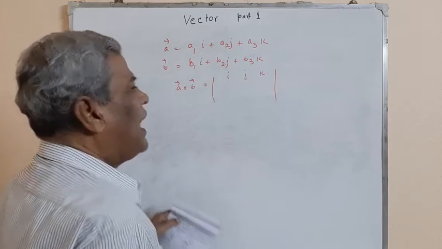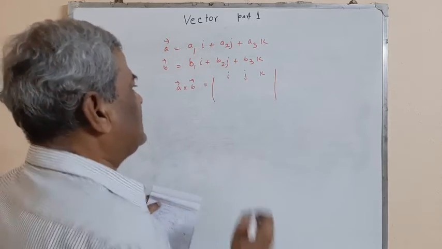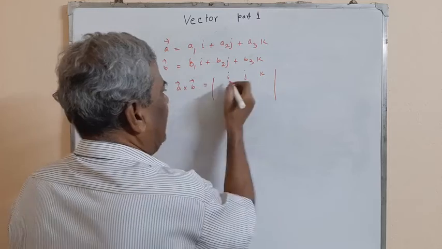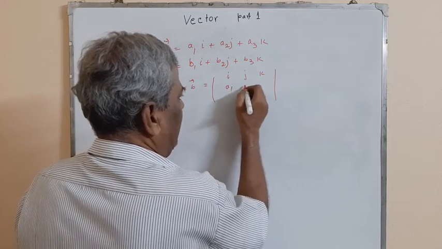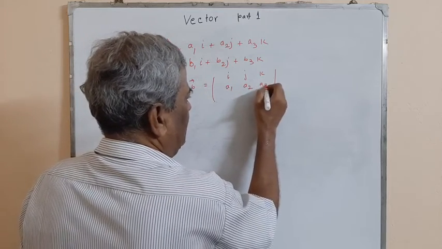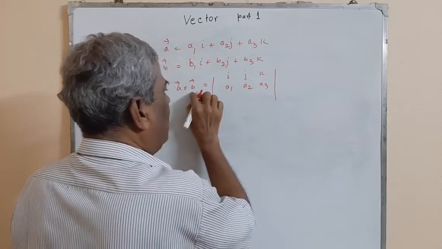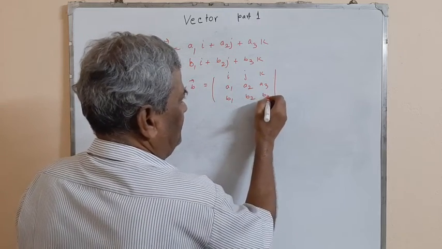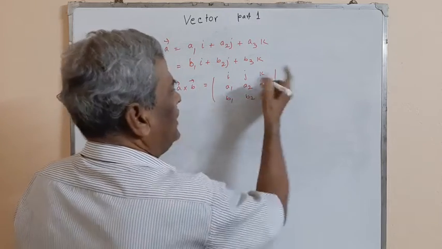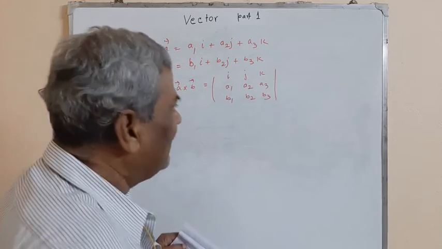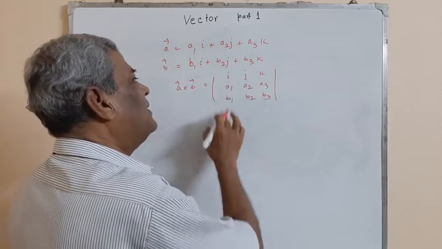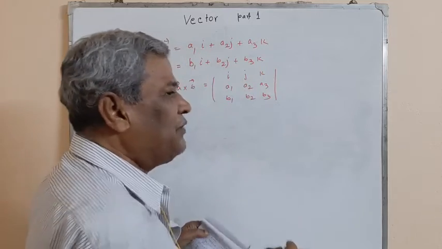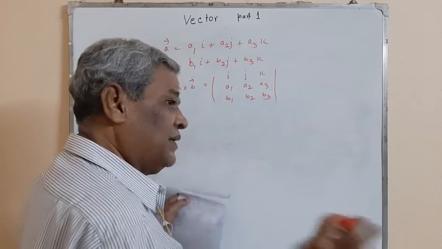First line I, J, K, unit vectors. In the second line, the components of A, that is A1, A2, A3. And the third line, components of B, B1, B2, B3. So A cross B is equal to that.